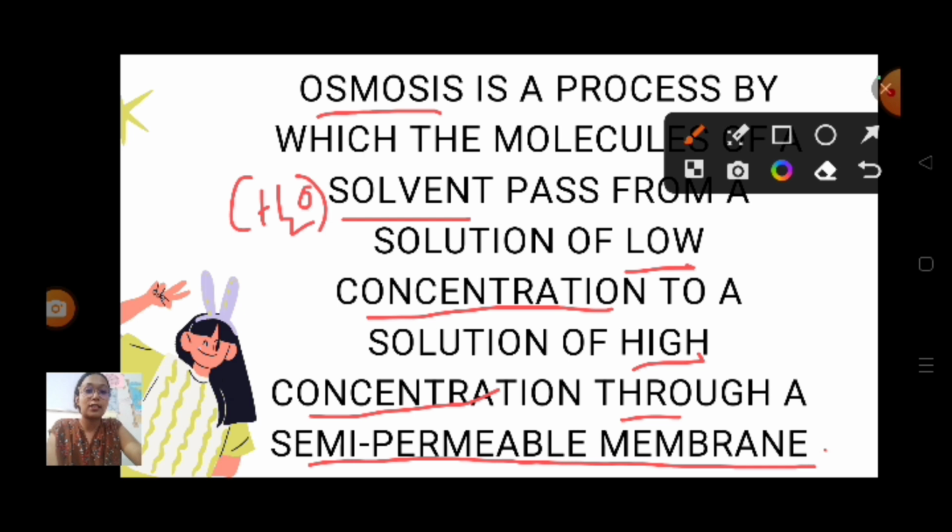So this term you have to know, semi-permeable membrane. This is the membrane. Water is moving from low to high concentration. Suppose here the concentration is low, but here the concentration is high. So it is moving from lower to higher concentration. Clear?